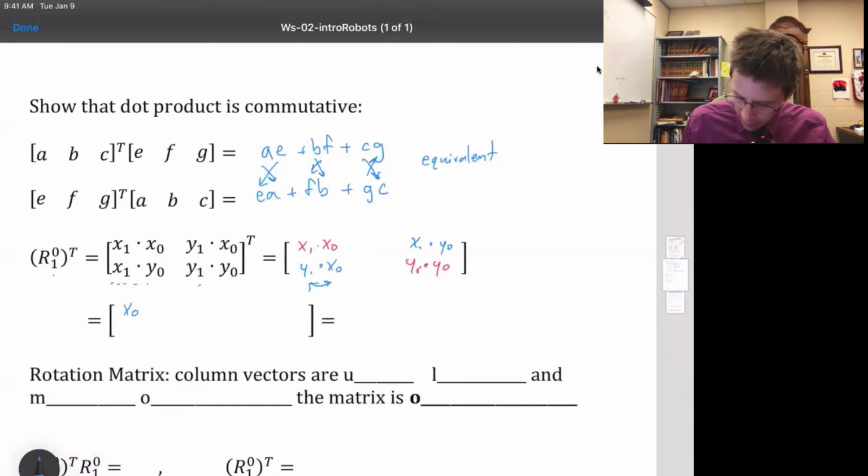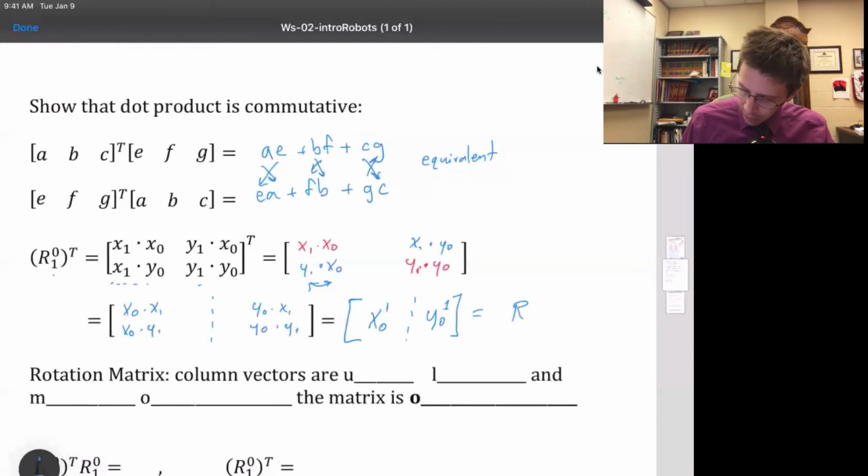So this is x0.x1, and here is x0.y1. And then this next term over here is y0.x1, and this is y0.y1. If you look at this, this is really what is my x0 vector in terms of frame 1. And this next term over here is what is my y0 in terms of frame 1. This is just what is R01.